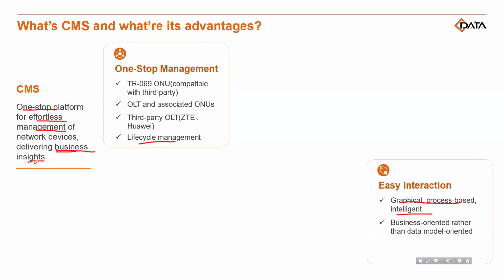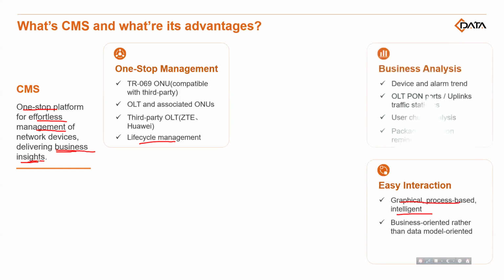What does business insights mean? Maybe it sounds a bit abstract, so let me explain. Since device management is the basic infrastructure of our system, we try to make it play a greater role.